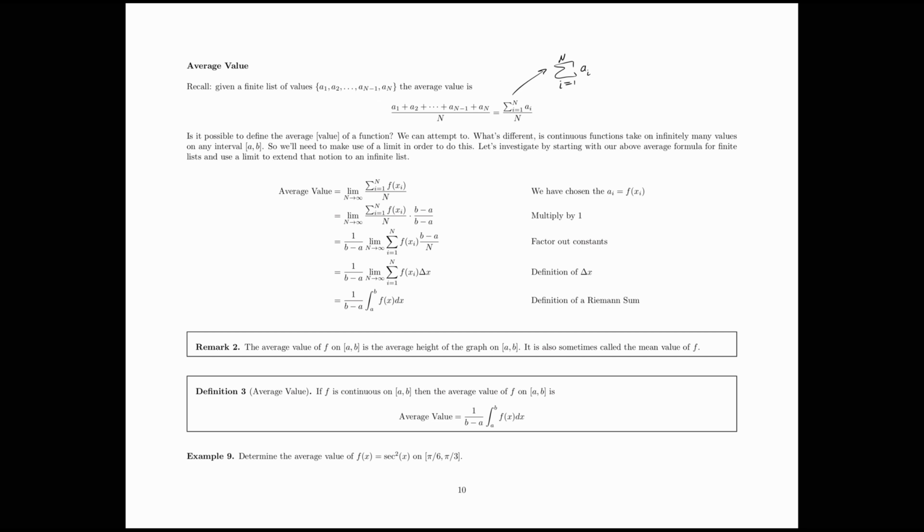Whereas for a function, if I go ahead and have a graph of some function, and let's say we're only looking between x equals a and x equals b, so we're only interested between here and here, we want to know what is the average of all of these values. In other words, all of these y values, every y value here.